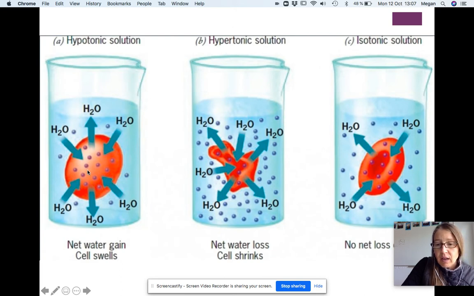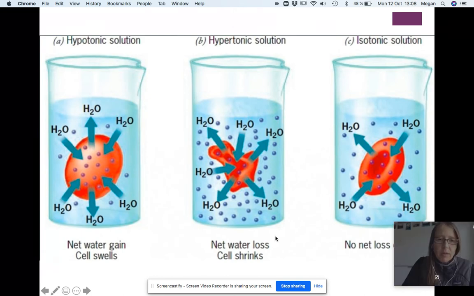So the cell should essentially gain mass. In this solution, this is a hypertonic solution where the cell itself is hypotonic, so the water is going to leave the cell. It's going from hypotonic to hypertonic, okay? And then in this case, we're going to have water coming in and water going out, but there's going to be no net gain. So the cell here has gained mass, the cell here has lost mass because it's lost water to the solution, and here the cell has both gained and lost, but there's no net change in mass.